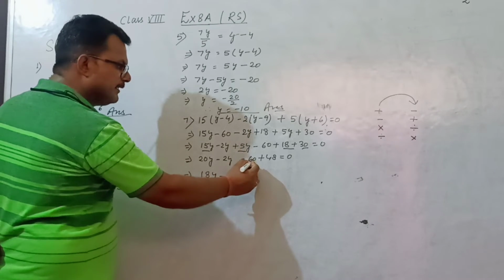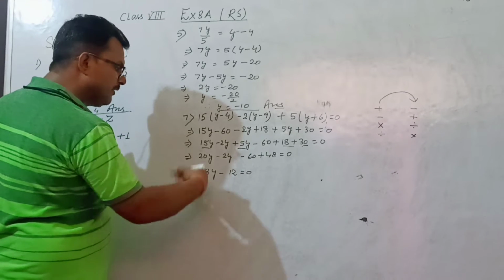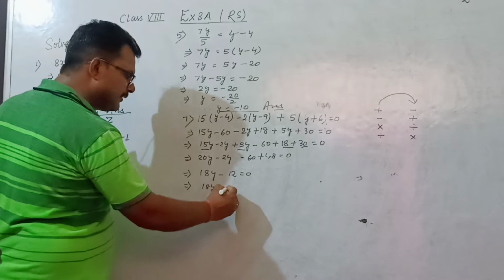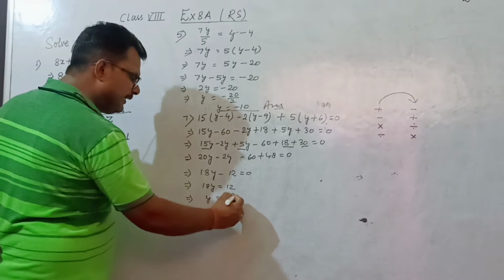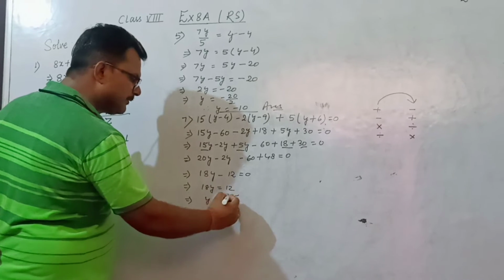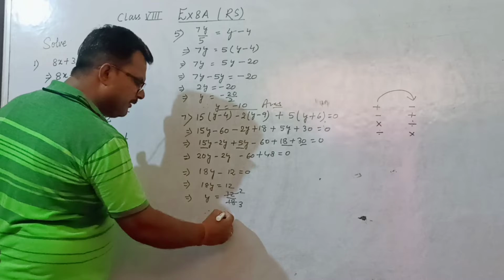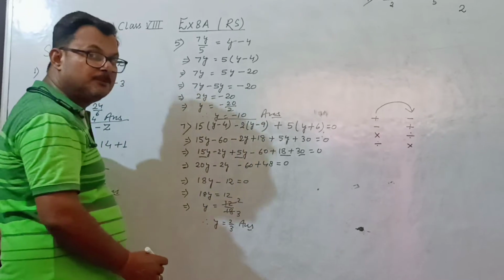Here subtract it, it will be 12. Minus 12, minus is more. Now transpose 12 from left to right. Here 18y is equal to 0 plus 12, means 12. Here 18 is multiplying, that side it will divide. You know the table of 6, 6 twos are 12, 6 threes are 18. It means the value of y will be 2 by 3. Answer. I hope you get it.